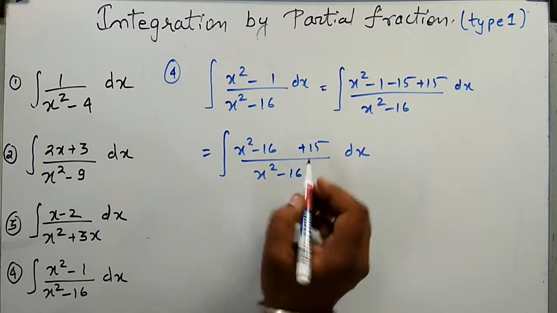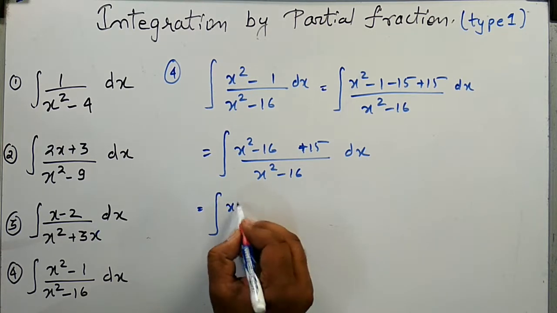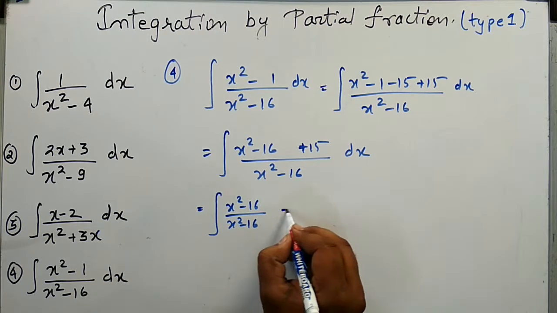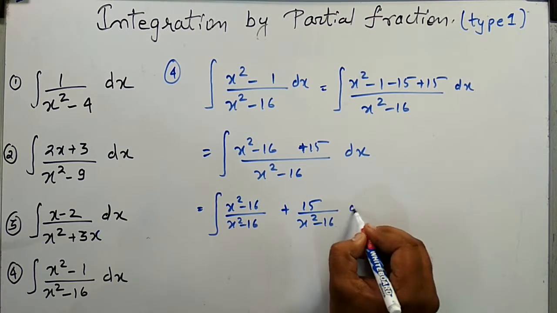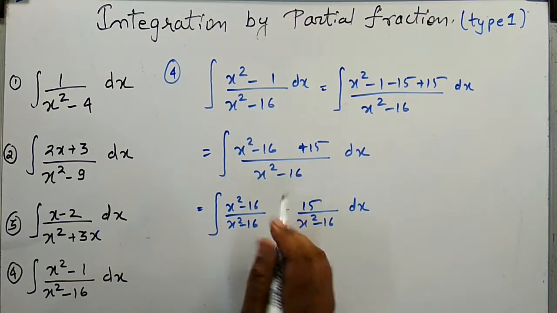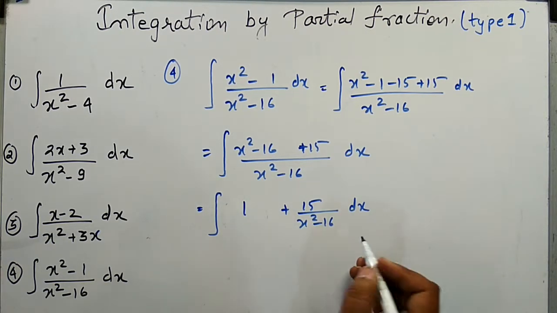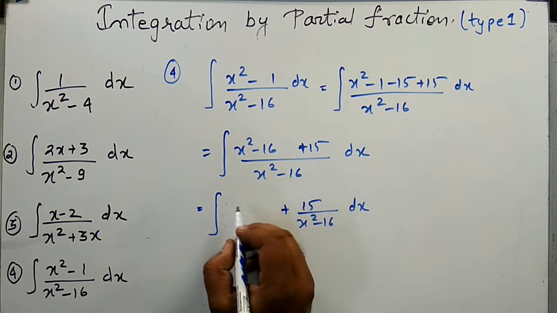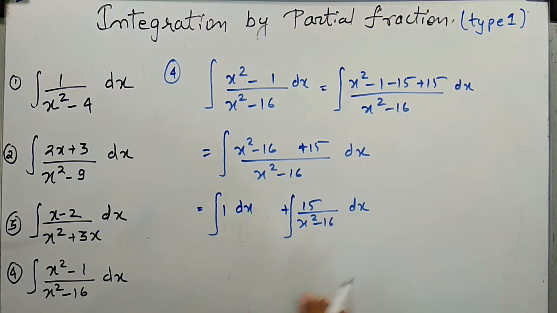Okay, now if we separate the terms like this, you will get here 15 by x square minus 16 dx. Okay, this will be equal to 1. Now if you distribute the integration inside, you will get here integration of dx, 1 dx, and integration of this function.